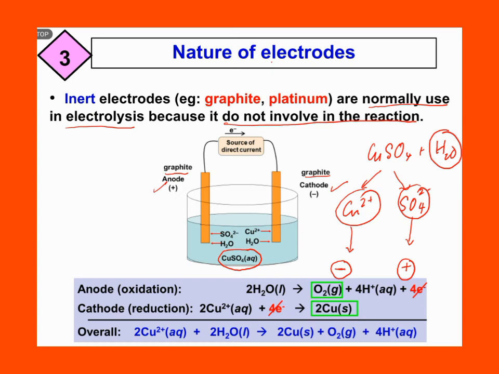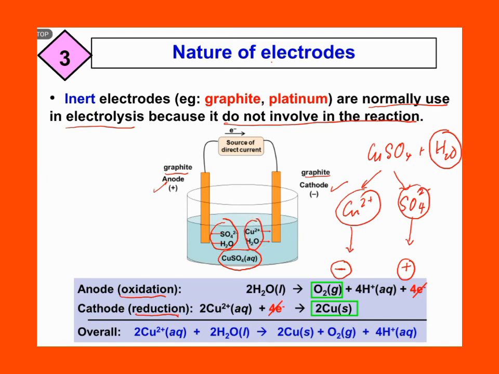Here we can see the anode undergoes oxidation and the cathode undergoes reduction. So the species involved in the reactions at the anode are sulfate and water. At the cathode, we have copper ion and water.